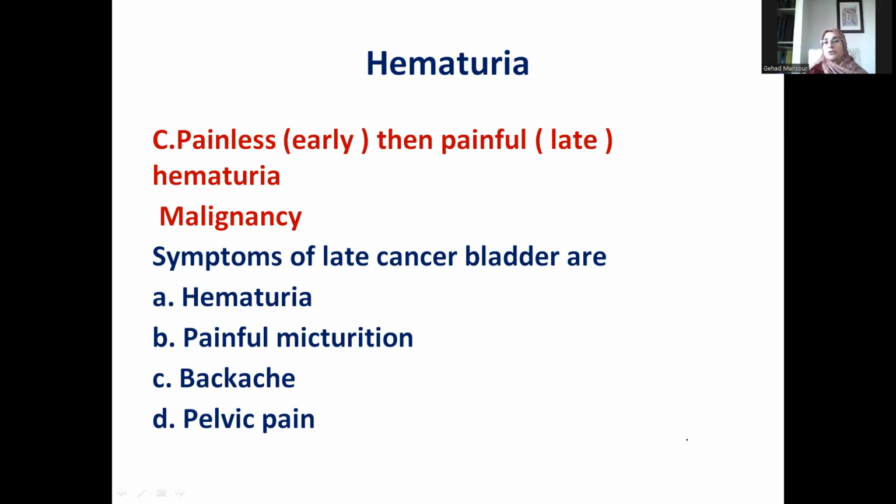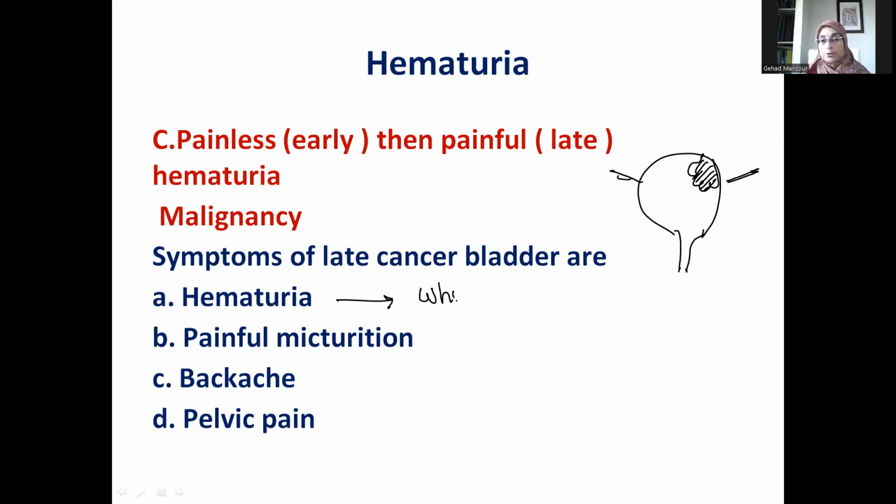There are certain causes of hematuria that start painless and then become painful, like, for example, cancer bladder. Because in cancer bladder, you have a malignant outgrowth inside the cavity of the urinary bladder, but after a while, malignant cells invade and erode the blood vessels.